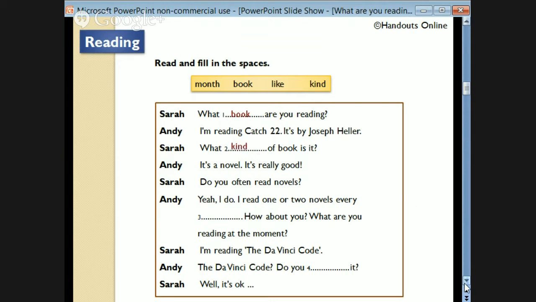When we say what kind of book, we're asking about whether it's a biography, a novel, is it a crime drama? We're talking about the kind of book. Another word you could use is type. What type of book is it?